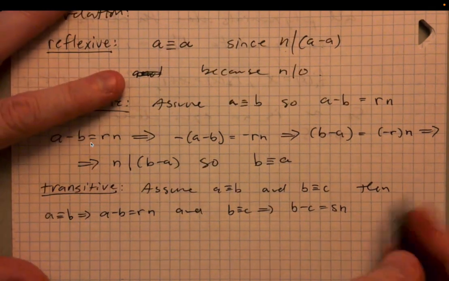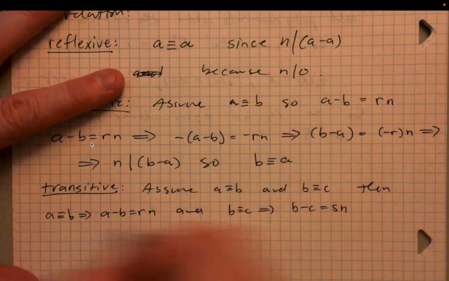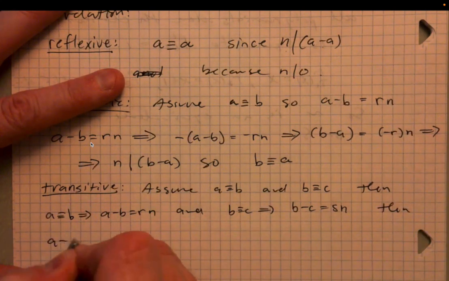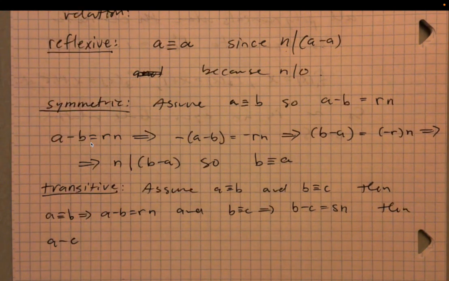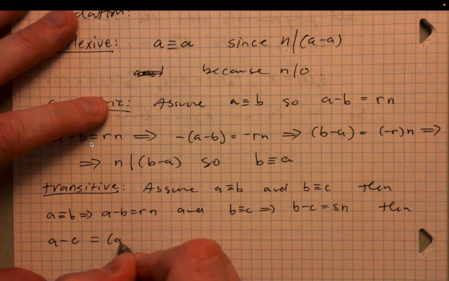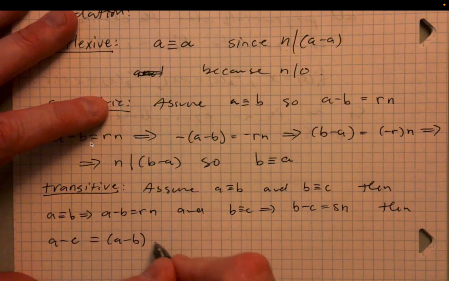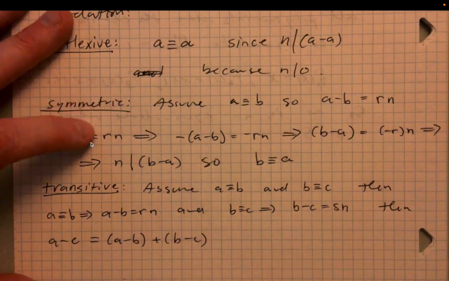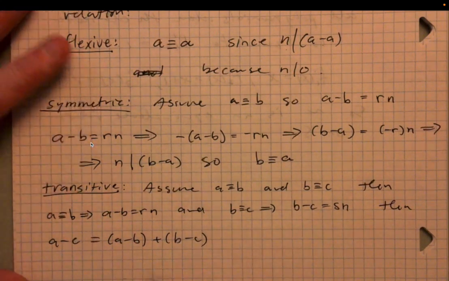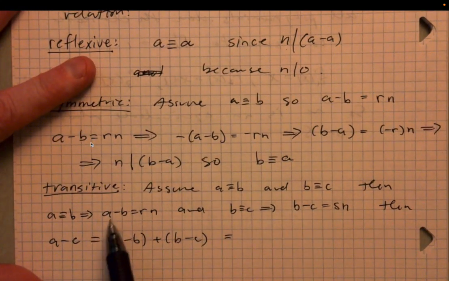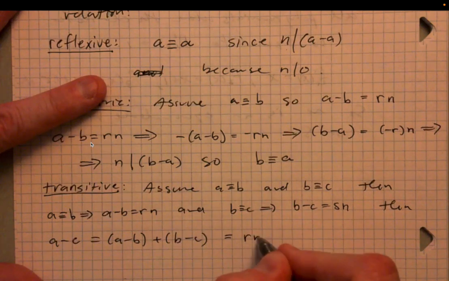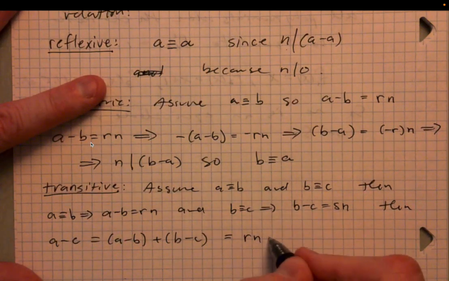Then what about A minus C? Well, A minus C is equal to A minus B plus B minus C. That's just algebra. And A minus B we know is equal to r n, and B minus C is equal to s n.